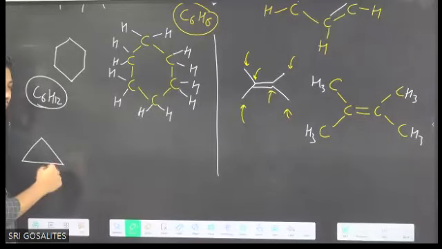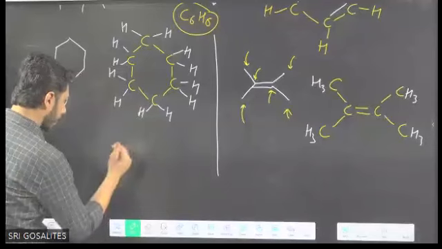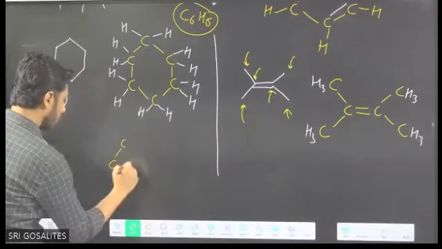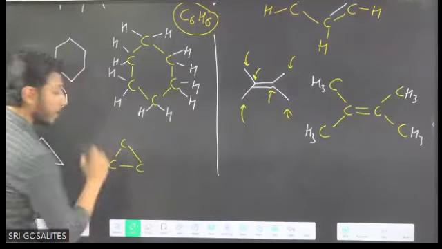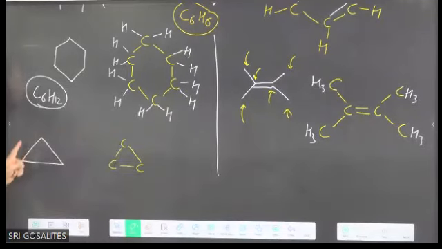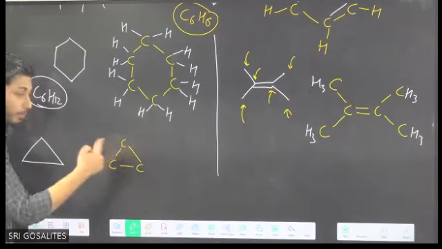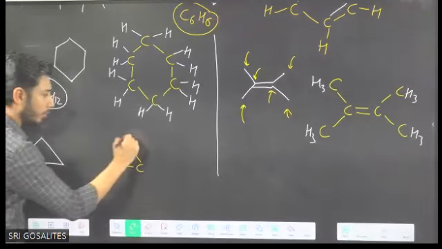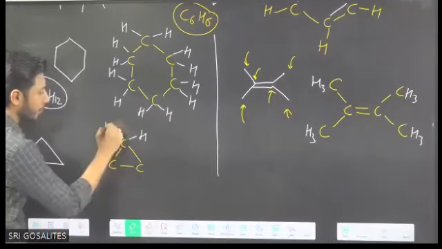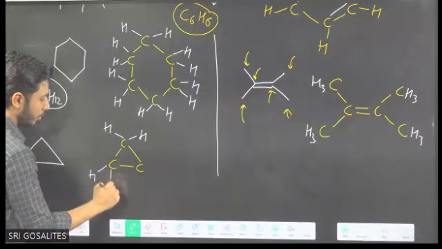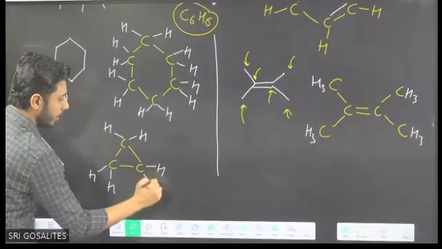This is a ring structure. Each vertex is carbon. So firstly mark the vertexes as carbon here. 1, 2, and 3. Each carbon is bonded to two other carbons, so the remaining two will be with hydrogen. CH2, CH2, and CH2.